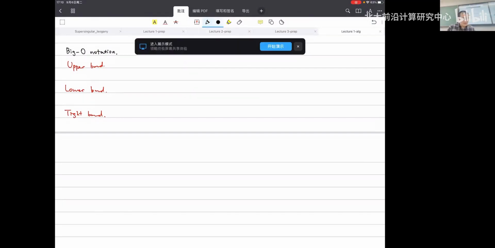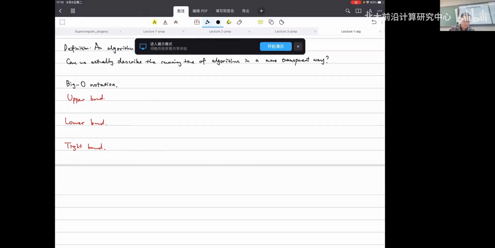Let's continue. In the past hour, we talked about how we want a rigorous definition of an algorithm, and we talk about efficient algorithms. We want to be even a little more careful, so we talk about the so-called asymptotic notation, to characterize the upper, lower, and tight bounds. Let me read the definitions here.